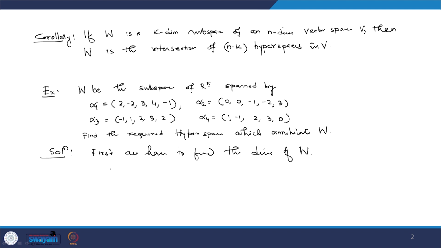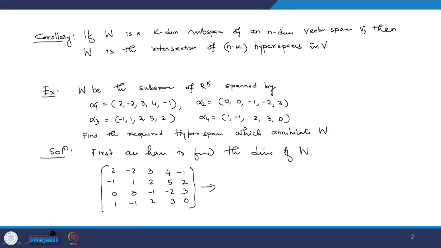So, I have 2, minus 2, 3, 4, minus 1; minus 1, 1, 2, 5, 2; there may be some mistake in my algebra, so you should also cross check before accepting it; minus 1, minus 2, 3, 1, minus 1; 2, 3 and 0. So, this is the matrix.